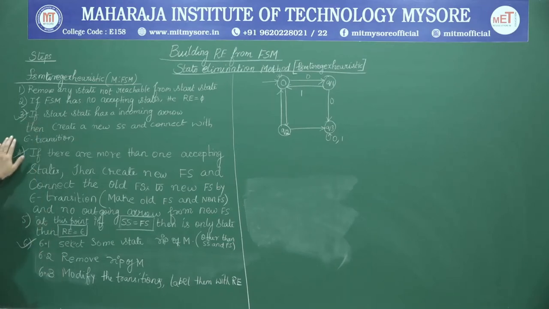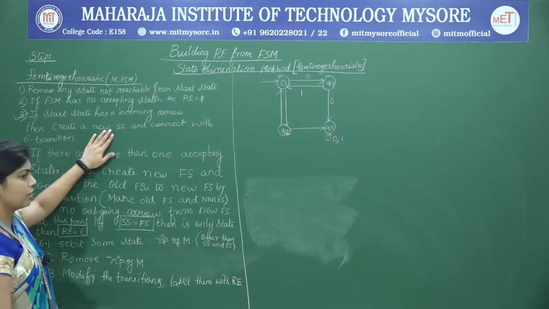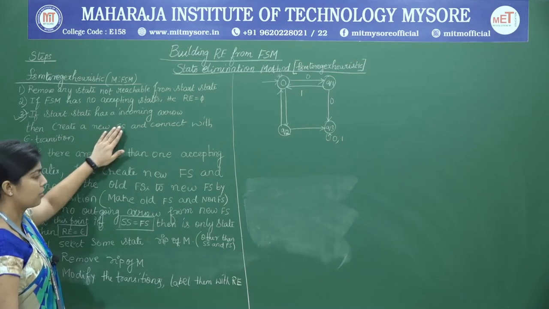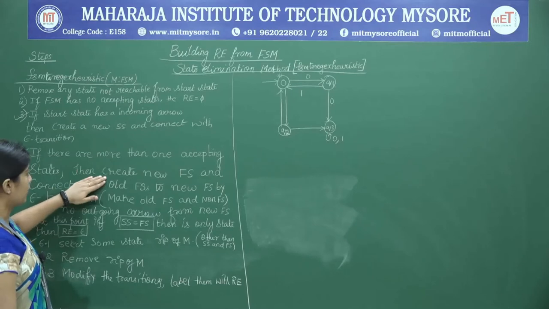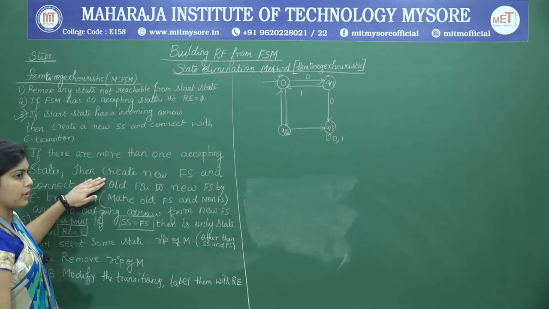So the first thing for every automata is to find out if there is any incoming arrow to the start state. Then you create a new start state and connect it to the old one via the epsilon transition. The next step is to check whether the automata has more than one final state.